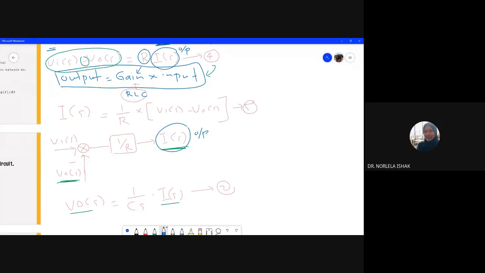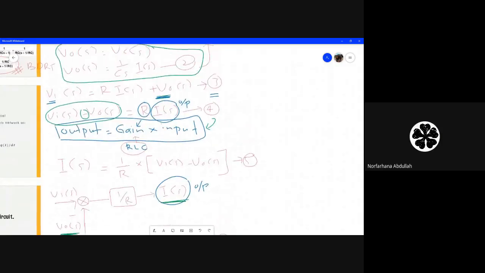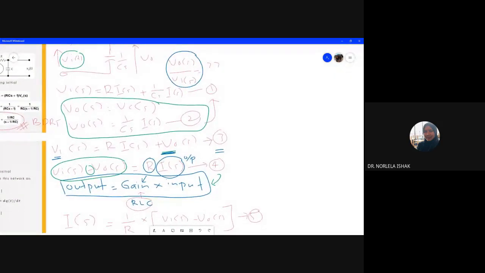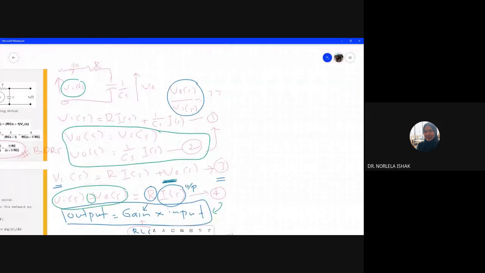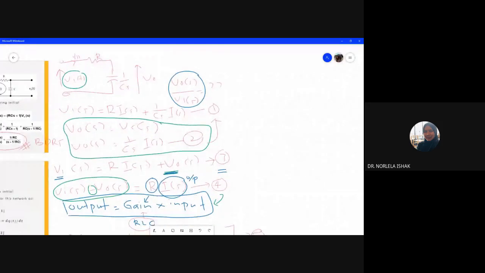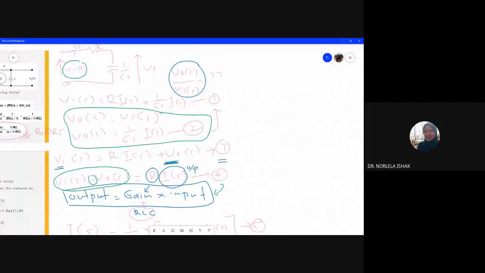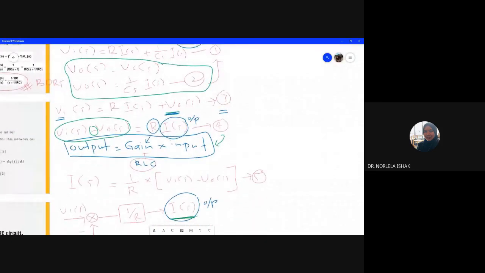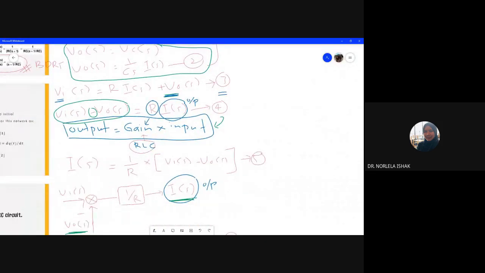So kita kat mana tadi? Equation number 2. Until this, any question? Okay, sebab tadi tak clear kan? So far, until equation number 2, everybody can follow? Yes. Okay, we start derive equation. Equation 1, equation 2, and then equation 1 we rearrange to follow the output equal to gain multiply with the input.